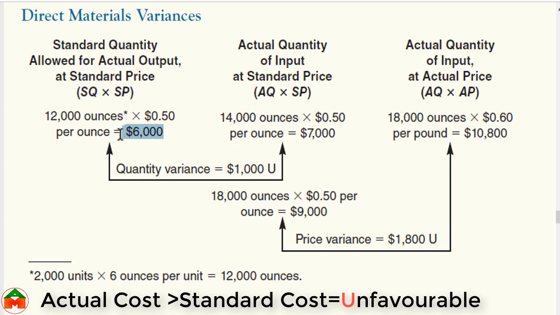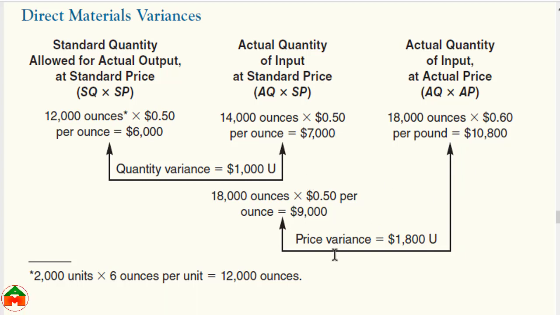Again, for the price variance, we have to use the purchased amount. The purchased amount of material is 18,000 ounces and the standard price per unit is 0.50, and the actual quantity is the 18,000 purchased amount, and the actual price is 0.60 from the question.